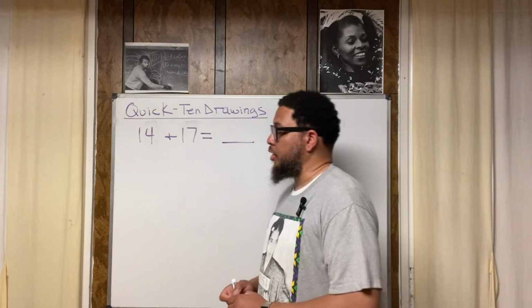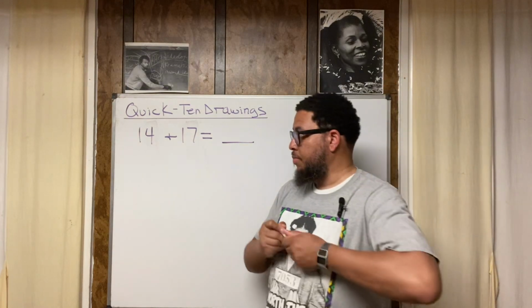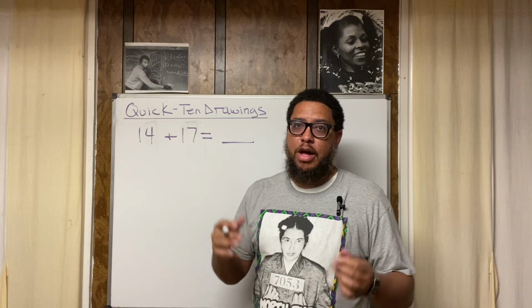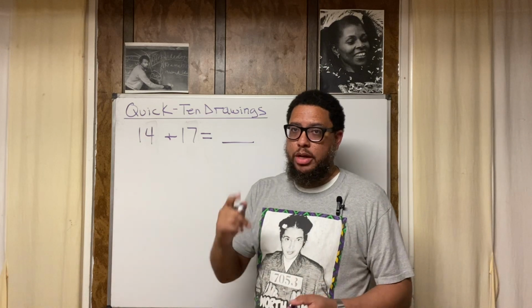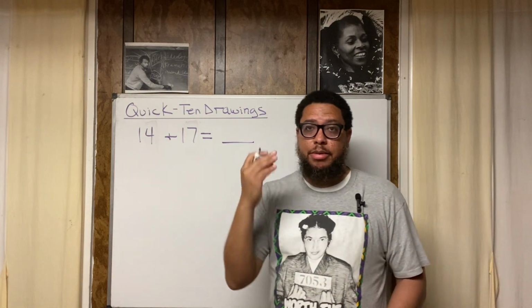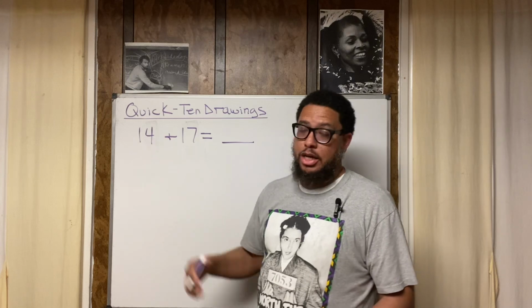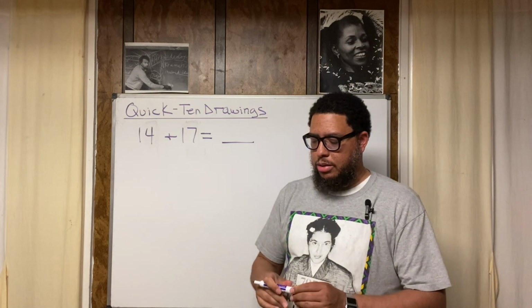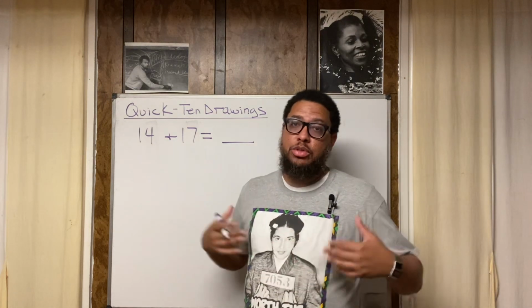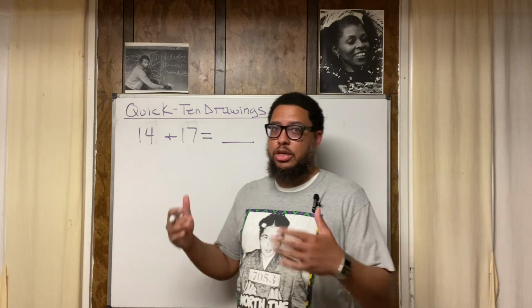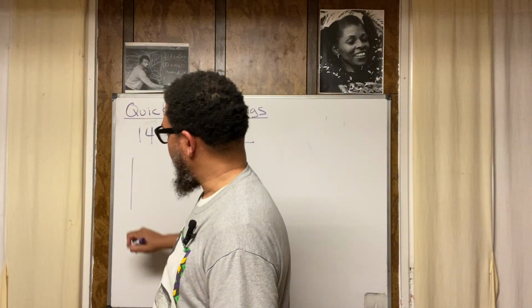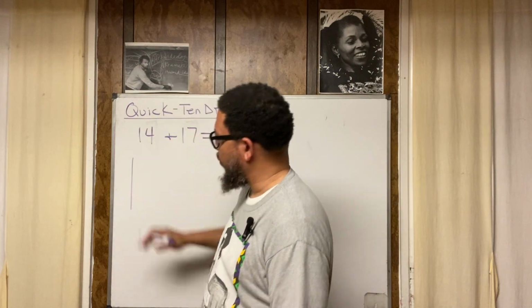So I'm going to represent 14 with symbols. I ask myself, how many 10s are in the number 14? 1. That's why there's a 1 in the 10s. How many 1s are in the number 14? 4. That's why there's a 4 in the 1s. How do I represent 10? I use a vertical bar. So I got one group of 10, so I put one vertical bar.